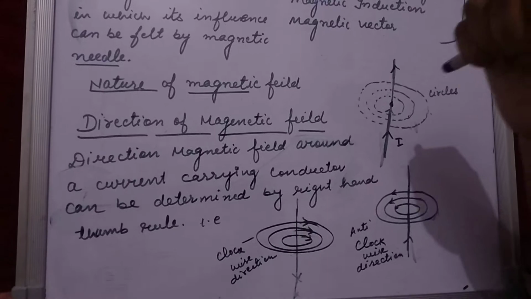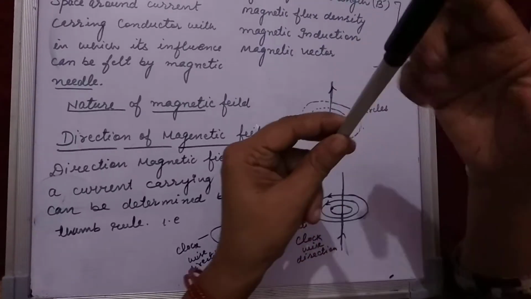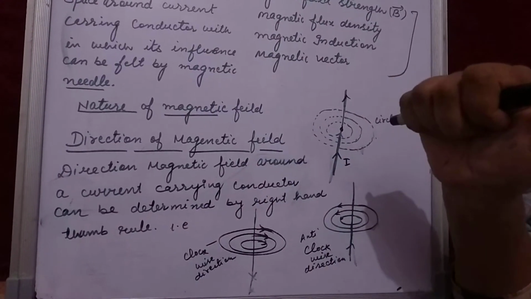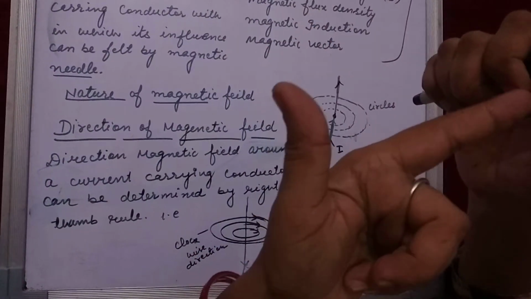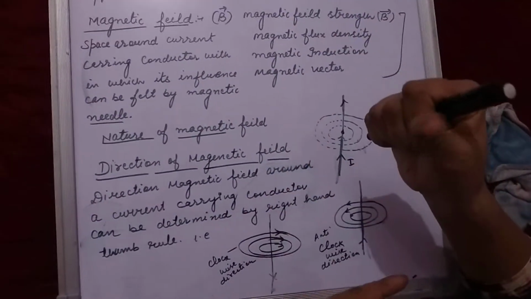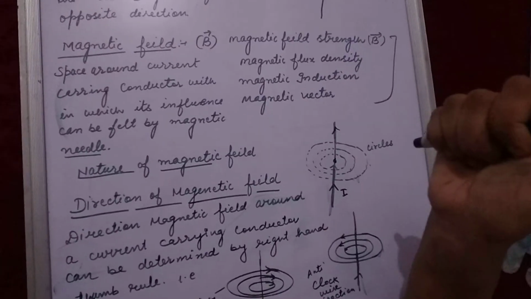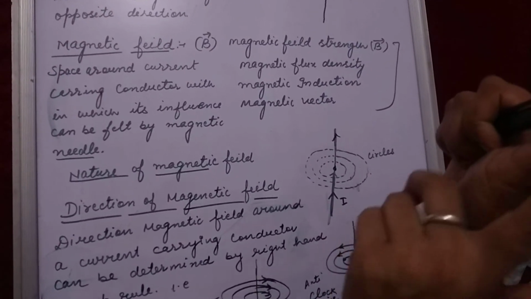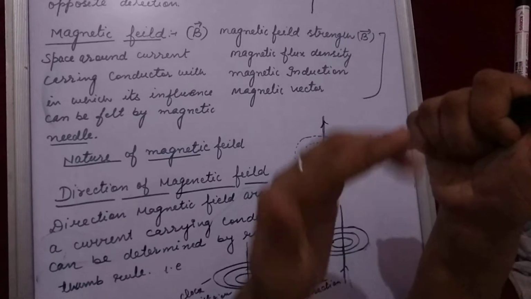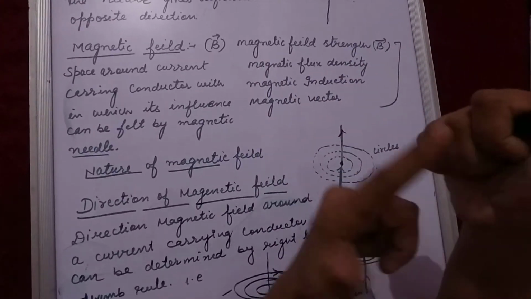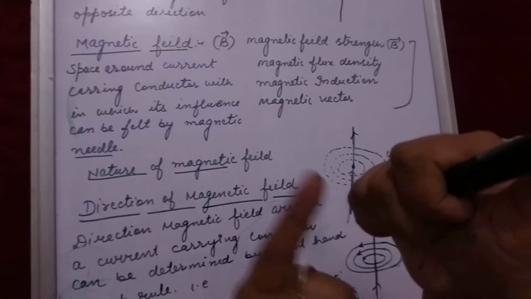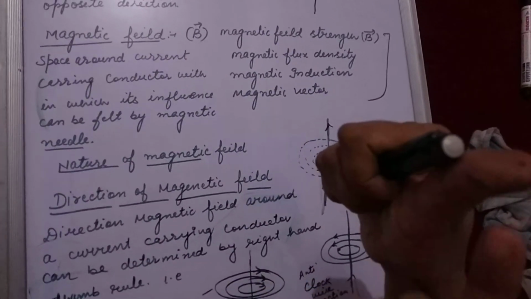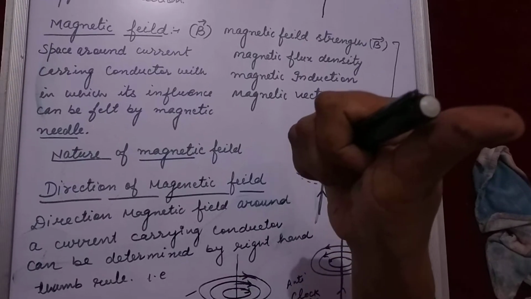Suppose this pen is a conductor, and the current is flowing in the upward direction. The thumb gives the direction of the current, which is upward, and the curled fingers give the direction of the magnetic field.